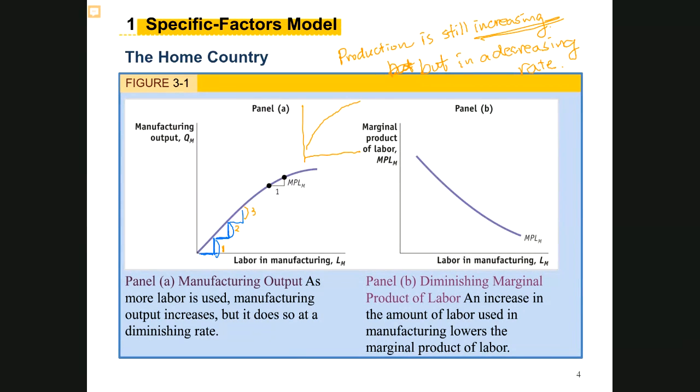Right? So if I use mathematical terms, the slope here, the small segment of the slope, is one of the points in the marginal product of labor here. So for example, this could be mapped to here.